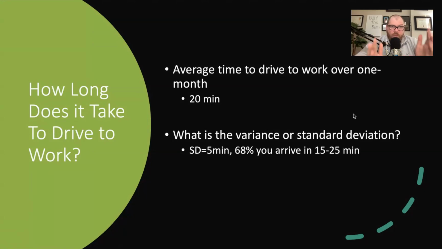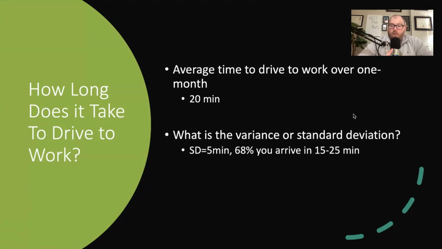There's 34% on both sides, so that's 68% of the time you'll arrive within one standard deviation. So in this case, 68% of the time, you're going to arrive 15 to 25 minutes, and that's pretty informative, right? So that 20 kind of means something. It's right in the middle. It's nice in the middle. It looks nice, makes a lot of sense.